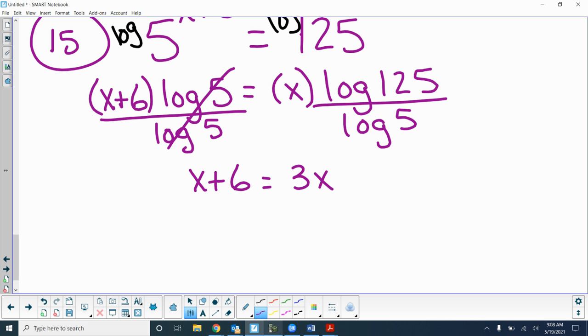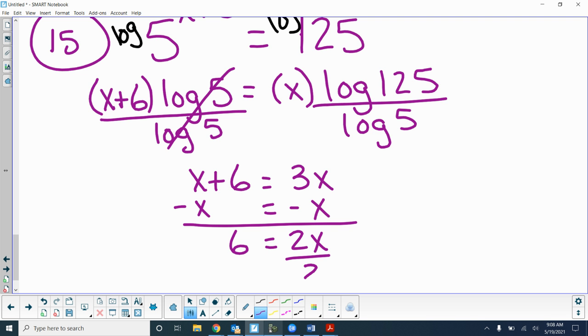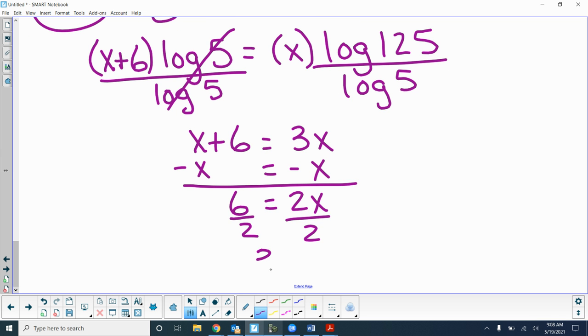What's the next step? Just subtract x and get the x's together. Basic algebra 1 now, right? And divide by 2. So what's our answer? 3. Okay?